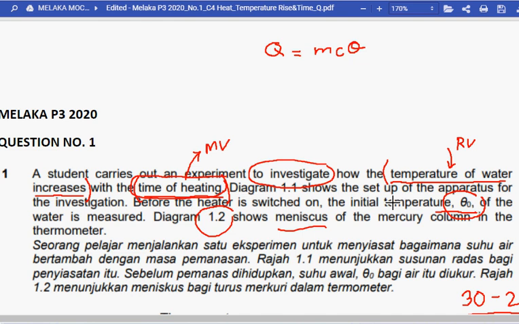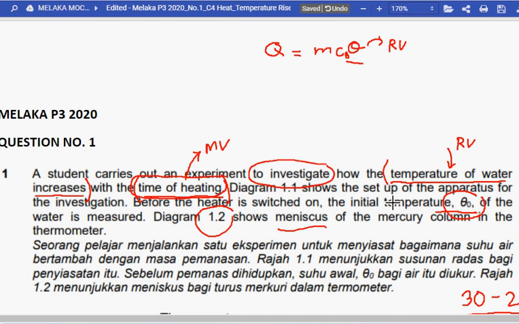So this theta is the change in temperature. Normally we put delta theta. So this is already your responding variable just now, delta theta. My delta is quite small, but you can understand, right?